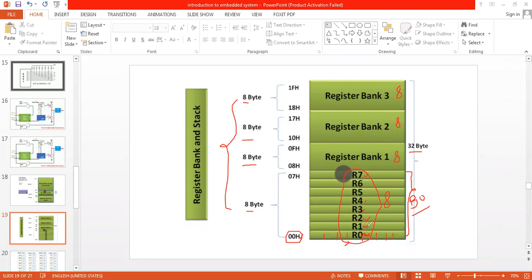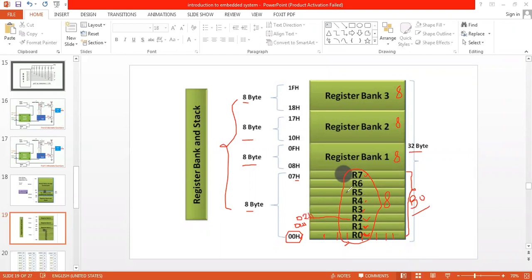The memory address of R1 is 01H, a hexadecimal number. We are representing the address in terms of hexadecimal numbers, so we write H after the number, denoting it as hexadecimal. So the address of the R2 register is 02H, hexadecimal.